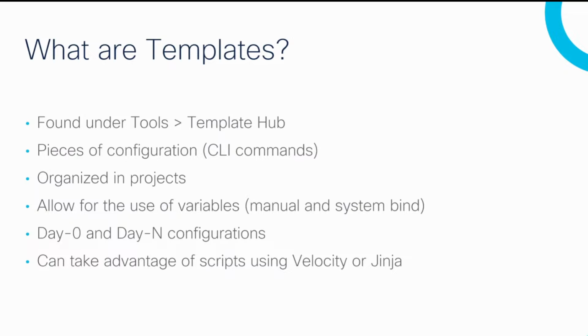So what is templates? They're pieces of configuration that contain CLI commands. They're organized into projects, and they allow for use of variables, manual or system bind. They also have day zero and day N configuration options. Day zero is going to be when you first onboard a network device into Catalyst Center.